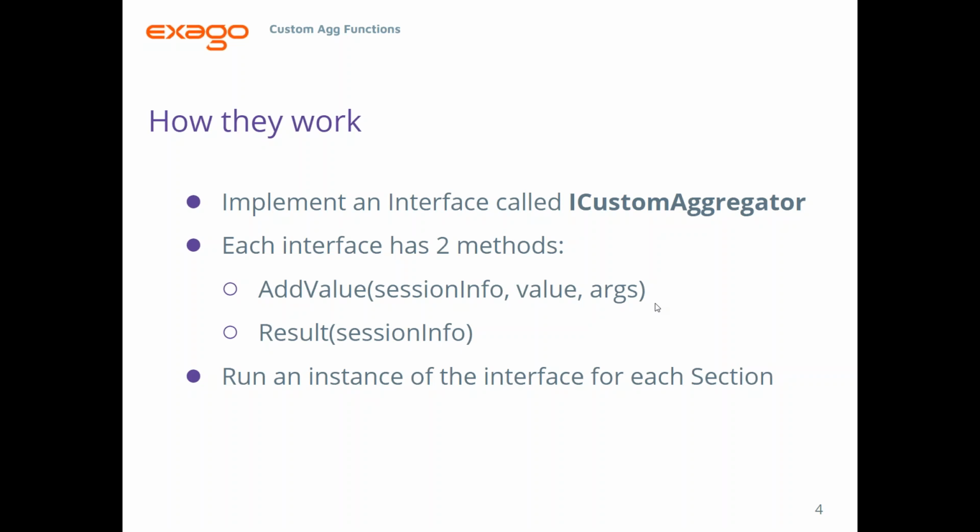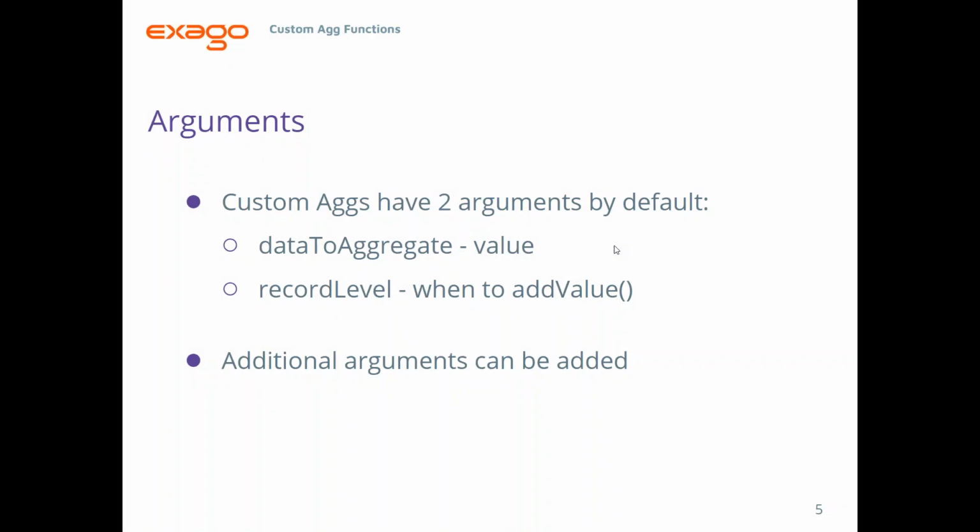To make that a little less abstract, if you had a report, say, on customers, so your sections of the report had customer info, and you put a custom aggregate function in the footer of the customer group, you would have an instance of that interface for each customer, right? And we'll see that when we go through an example.